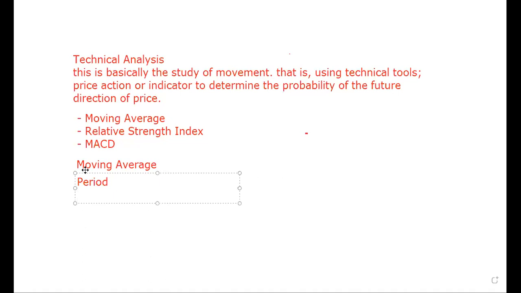The second one that is important is the method. Under the method, we have different methods. We have the simple moving average, the exponential moving average, the smoothed, and the linear weighted. These are the different types of method that we have. I'm going to show you all this on the chart.